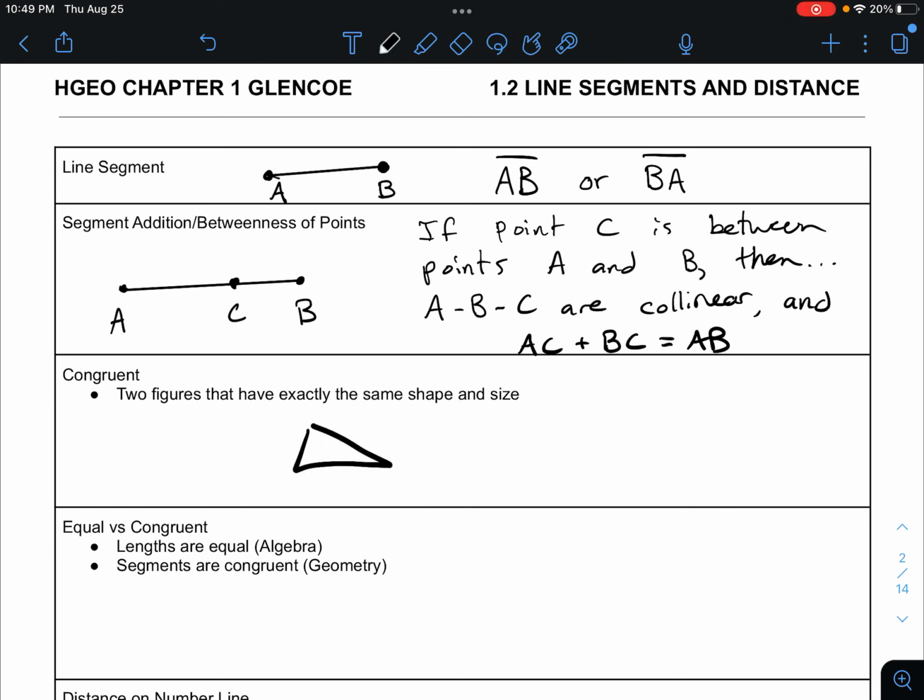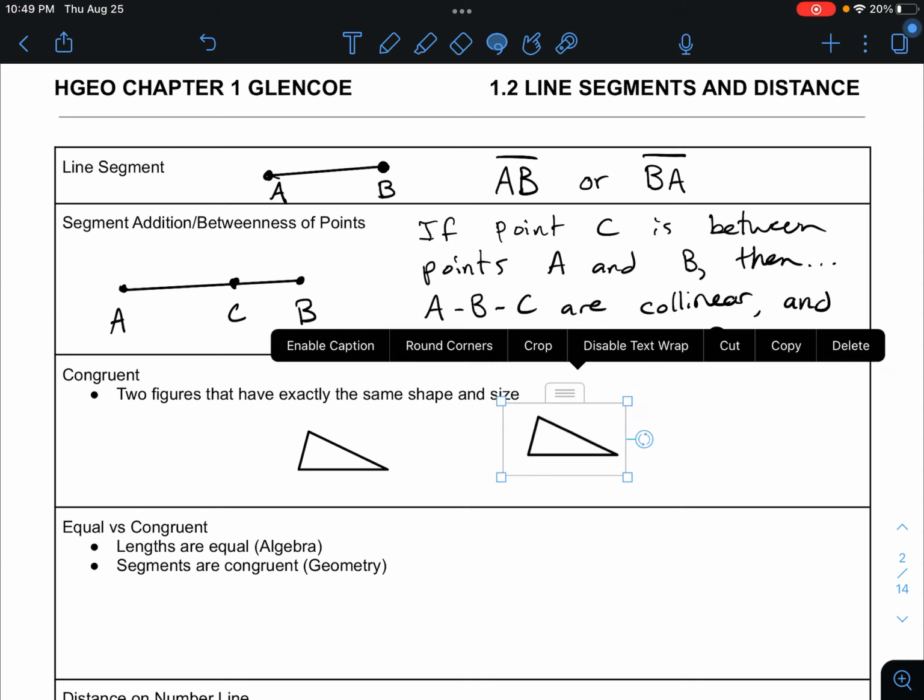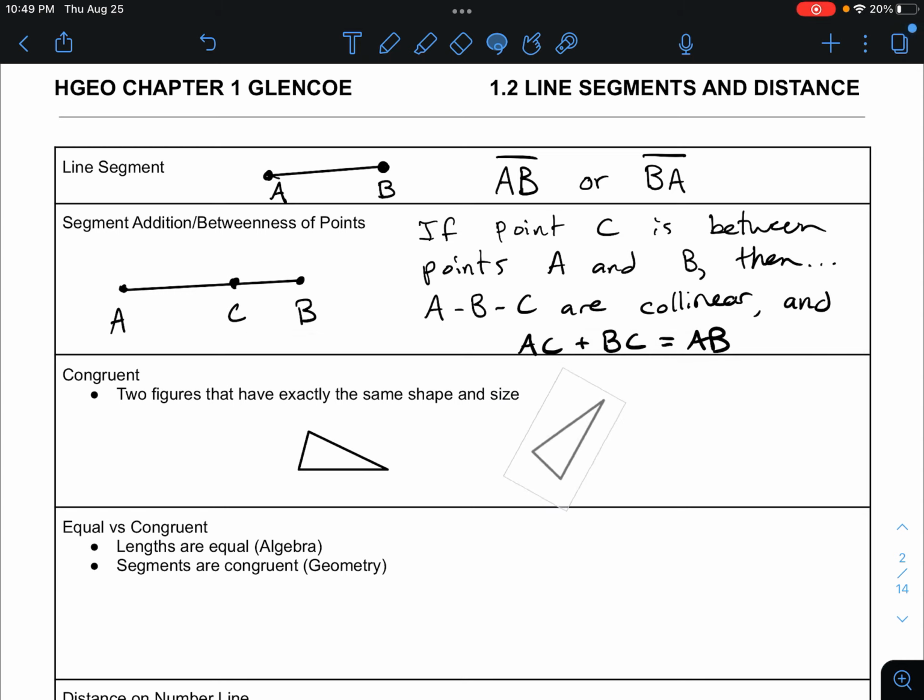If I draw a triangle, there we go, and I'm going to copy this. And if I rotate it like this, I'm taking the exact same shape. If I rotate it, or do a reflection across an axis, or translate, rotate, any of those transformations, we would have 2 congruent figures.